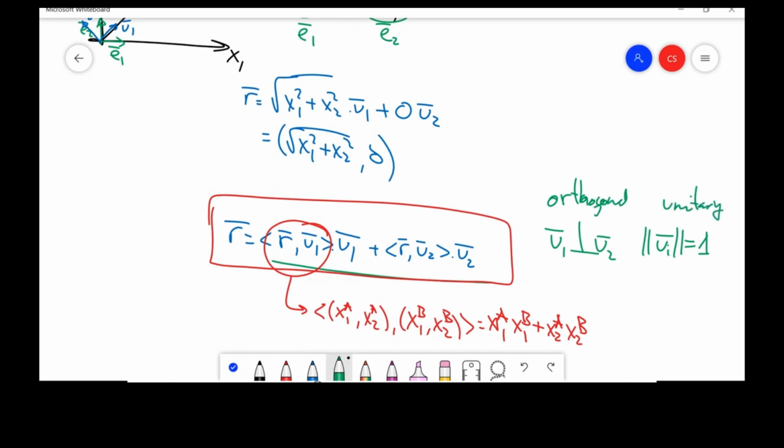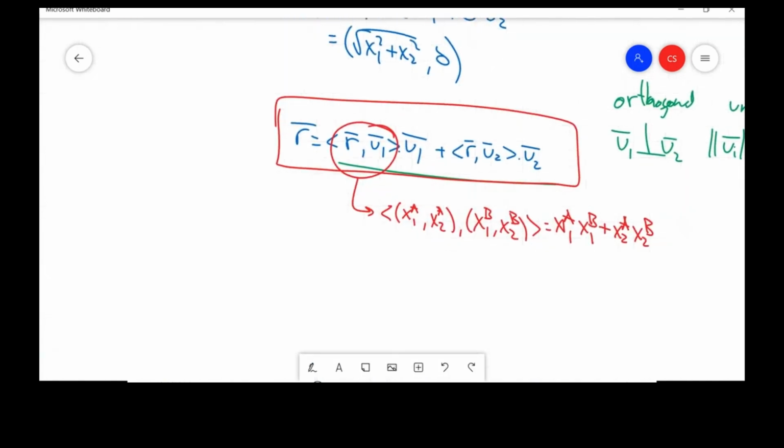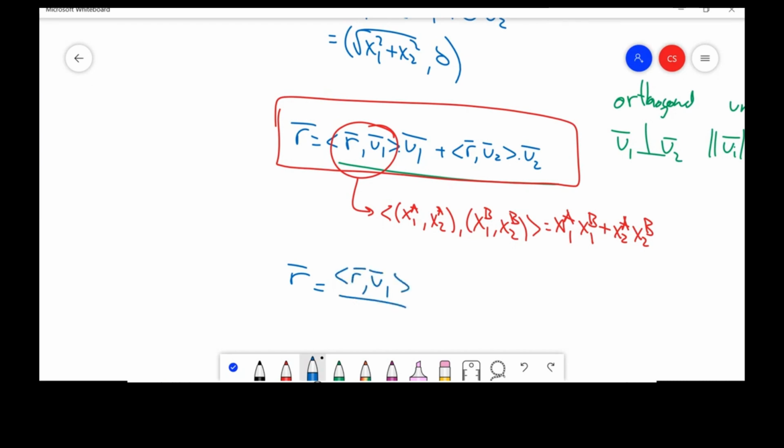What if it is not unitary? Okay, if it is not unitary, it is not too different. Only that I have to make them unitary. So it would be R dot U1, and now I divide by U1 squared.